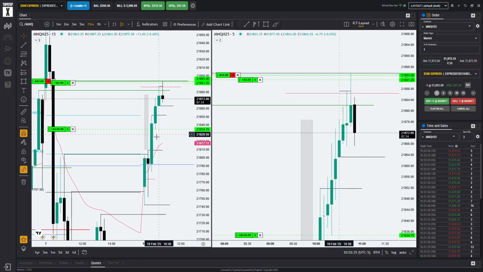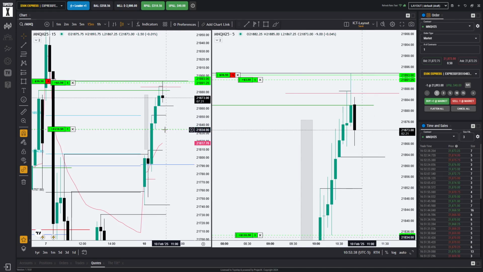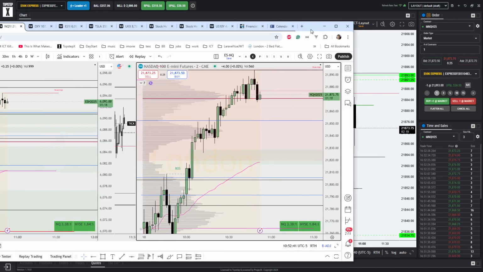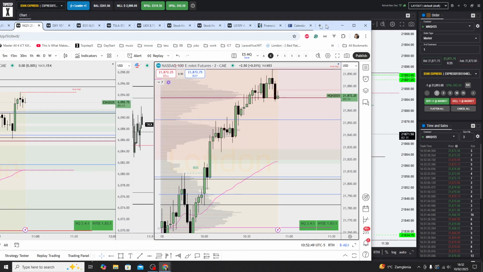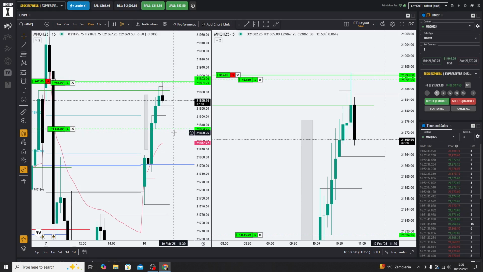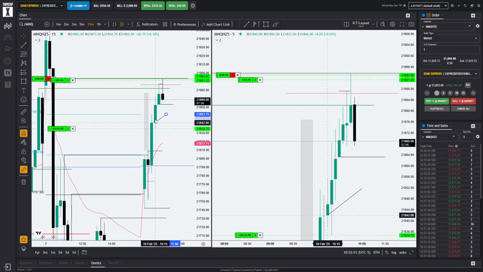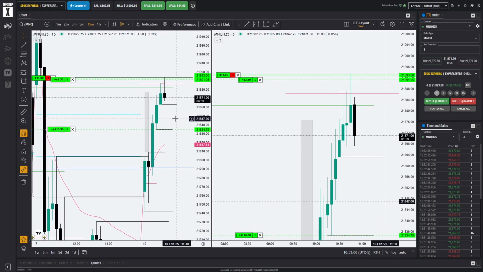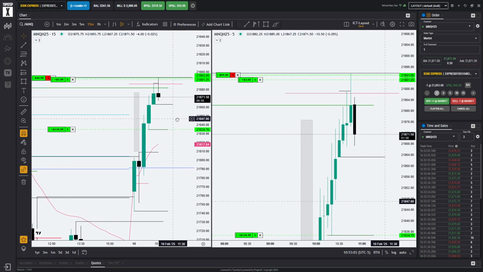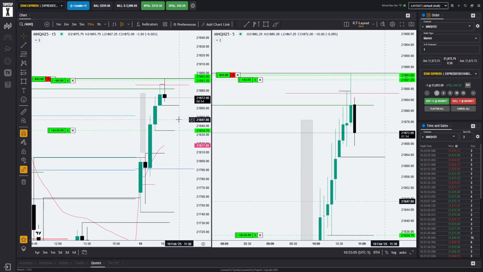It means we'll have to go through that low volume node and dump lower to 37, 34, right? Yeah. So we have liquidity here as well. Here and it's heavy.